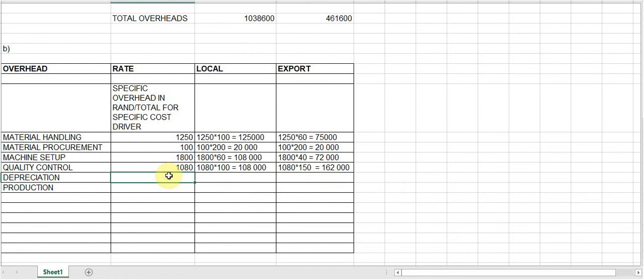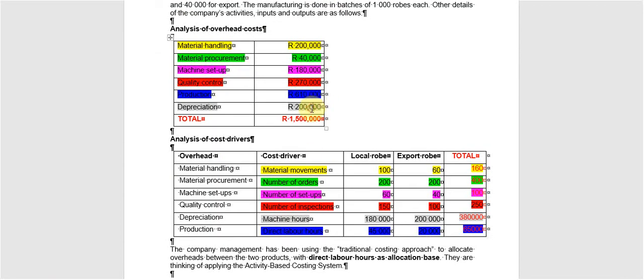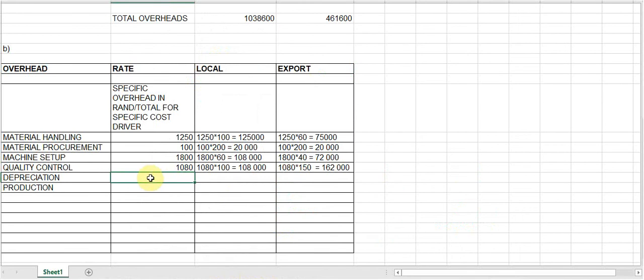Great. We are on depreciation. For the depreciation, we said it is the gray color, and it was a total of 200,000, and it was driven by the machine hours, and the total machine hours were 380,000. So we need to take the 200,000 rand and divide it by the 380,000 machine hours.